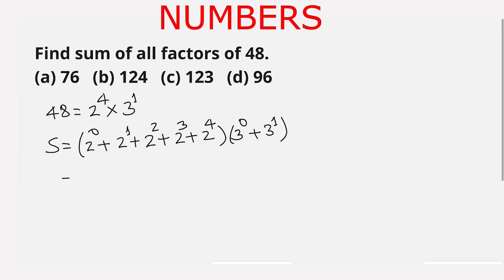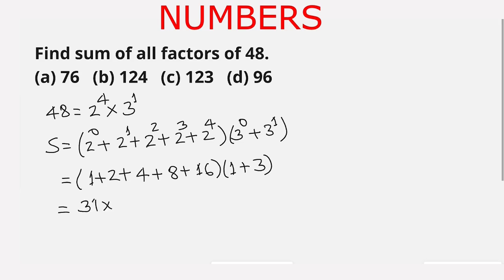And this is equal to 2 to the power 0 is 1 plus 2 to the power 1 is 2 plus 2 to the power 2 is 4 plus 2 to the power 3 is 8 plus 2 to the power 4 is 16, multiplied by 3 to the power 0 is 1 plus 3 to the power 1 is 3. 1 plus 2 is 3 plus 4 is 7 plus 8 is 15 plus 16 is 31, multiplied by 1 plus 3 is 4, and 31 times 4 is 124.